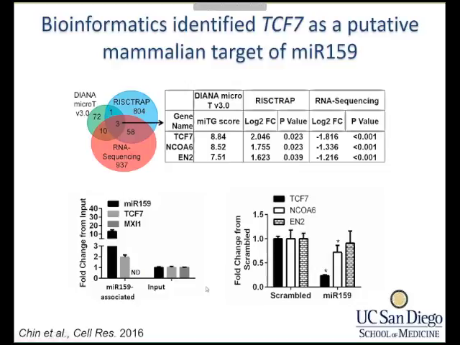We also confirmed the RNA trap results by doing reverse transcription and PCR detection for miR-159 binding mRNAs. We confirmed that TCF7 is significantly associated with transfected miR-159.